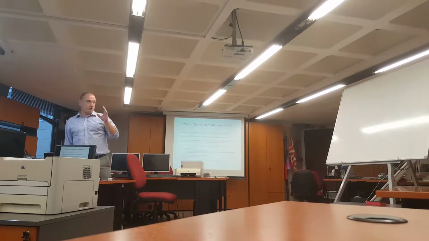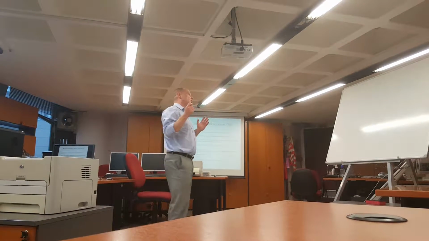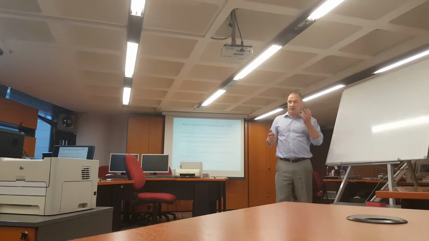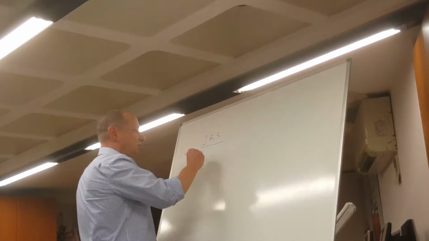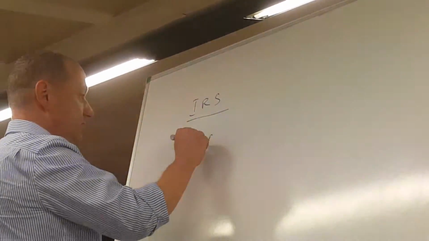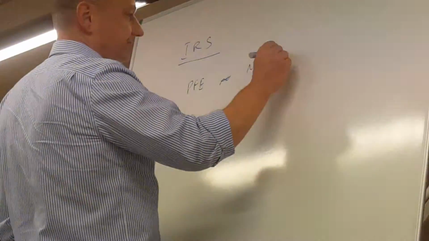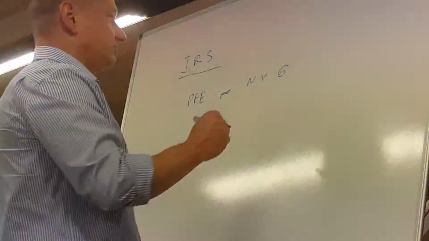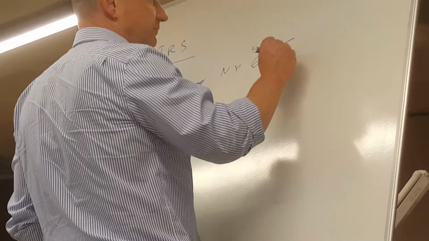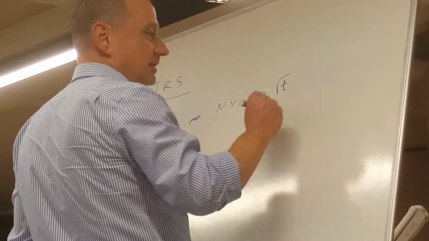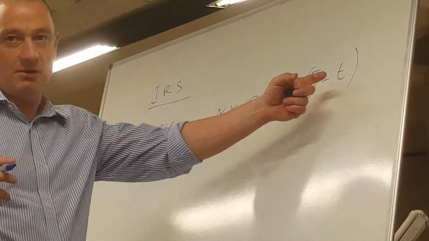Okay, do you remember, when we talked about derivatives, we saw the following. We said each derivative contract carries a potential credit exposure with it. And remember that we had the IRS, and the PFE of the IRS, potential future exposure, was proportional to notional times the standard deviation of interest rates times the square root of the time that elapses times the square root of the time that remains.